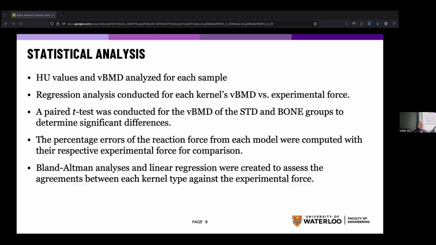Then we did the same thing with the reaction forces from each of the 80 models. For every single model, we created a graph against the experimental forces to see how accurate it actually is, and that's how we determined the percentage errors of these reaction forces. The Bland-Altman analysis helps us determine how close it is to the expected results.